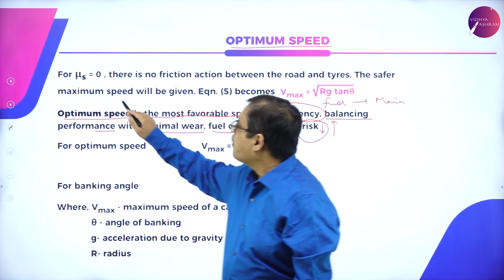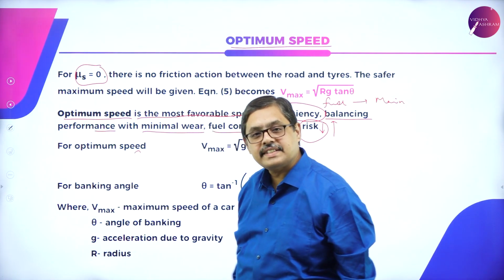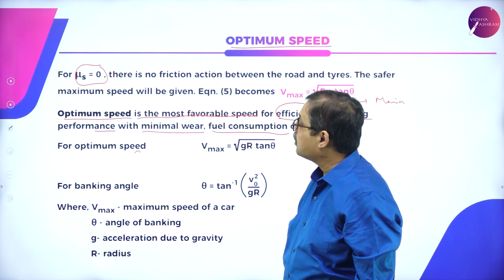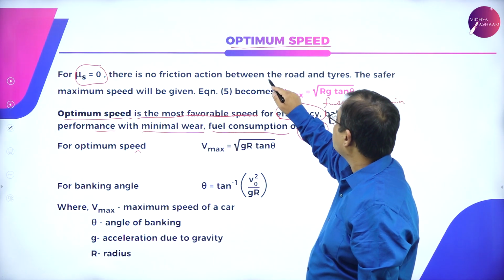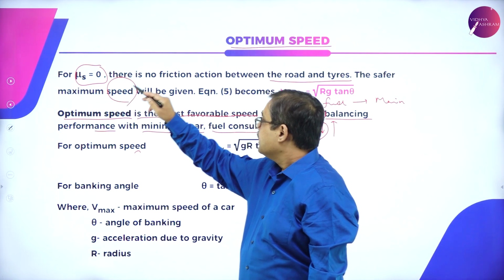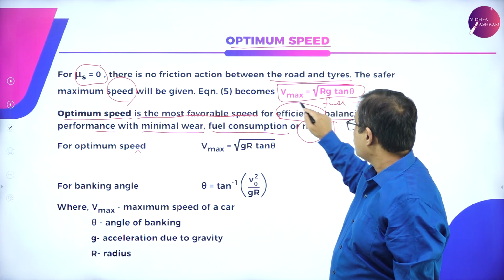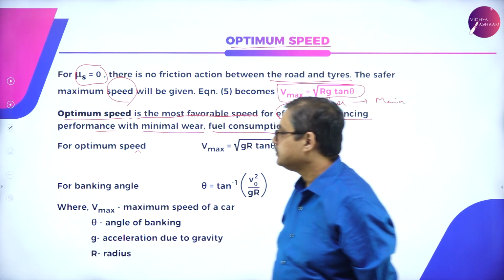Now, how do we understand this part mathematically? For mu s equal to 0, that is, the static frictional coefficient being 0 between the road and the tires, the safe maximum speed is given by V max equal to the square root of rg tan theta.